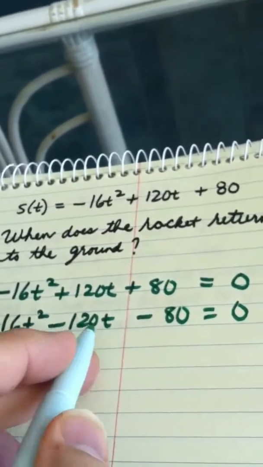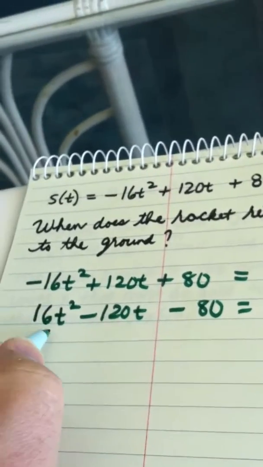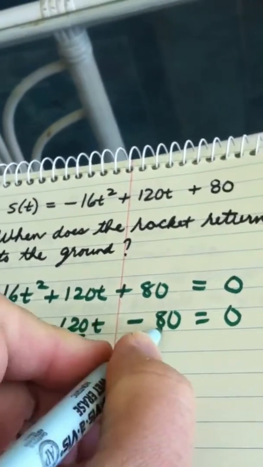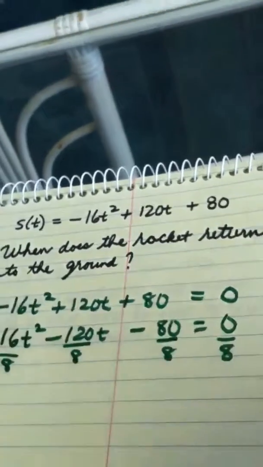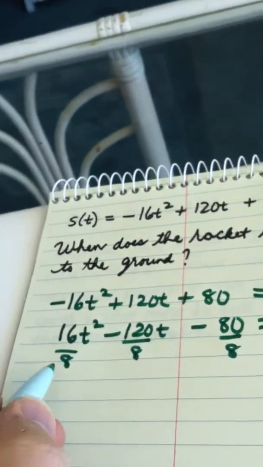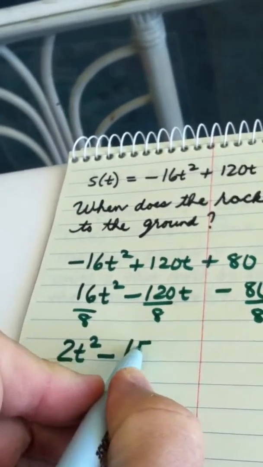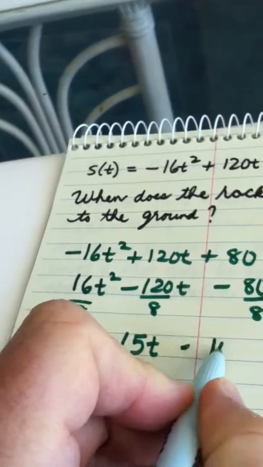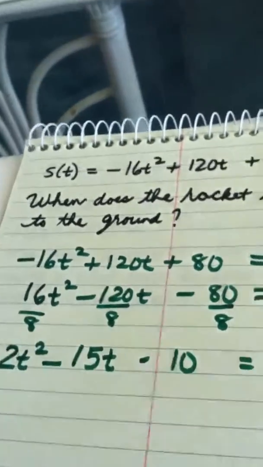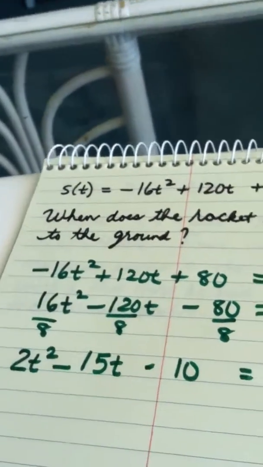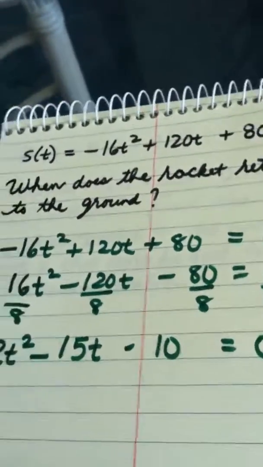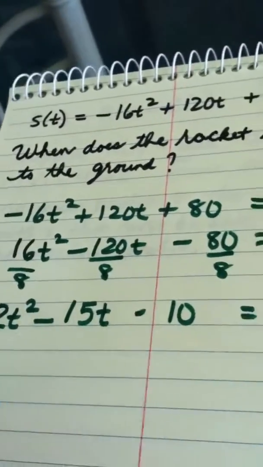Well, I think each one of these is divisible by 8. So let's divide everything through by 8. That's going to give me 2t squared minus 15t minus 10 is equal to 0. Okay? Alright. Now, unfortunately, I don't think this is going to factor.